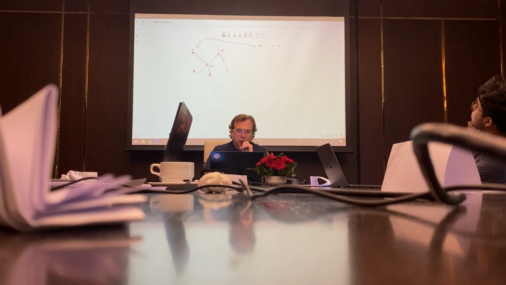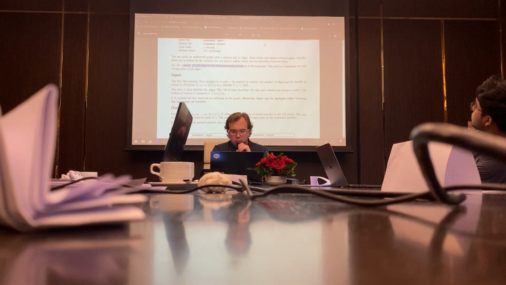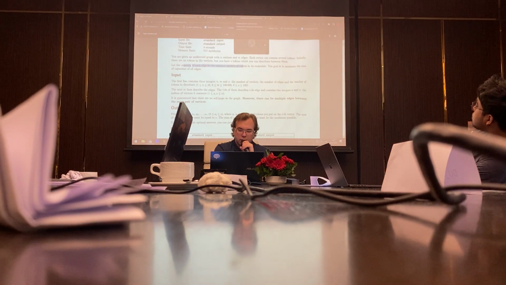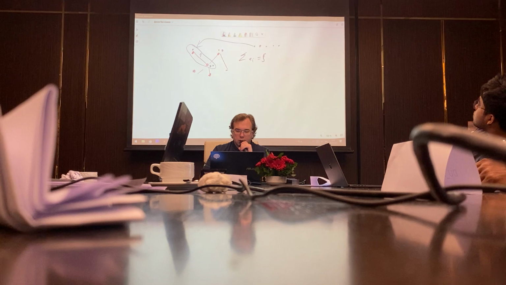If you look at some edge, the minimum number of tokens on its endpoints is the capacity of this edge. And now we want to give the vertices some number of points so that the sum of all these points will equal s, and s is not so big.